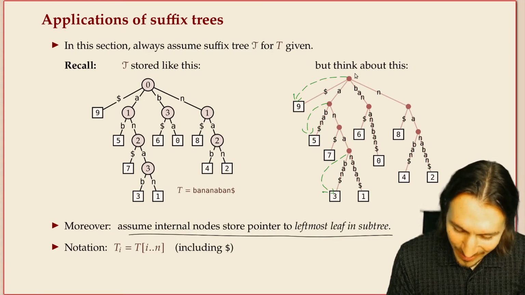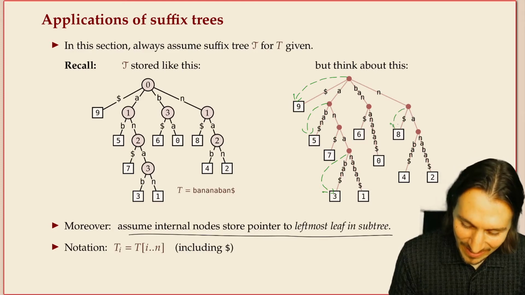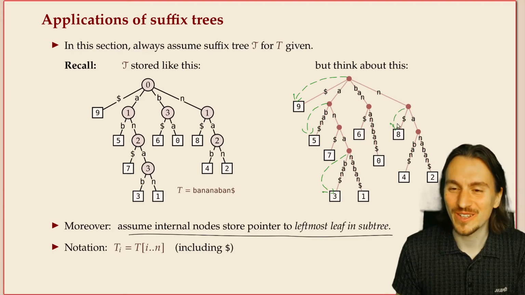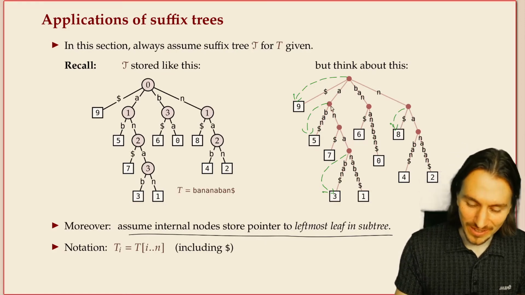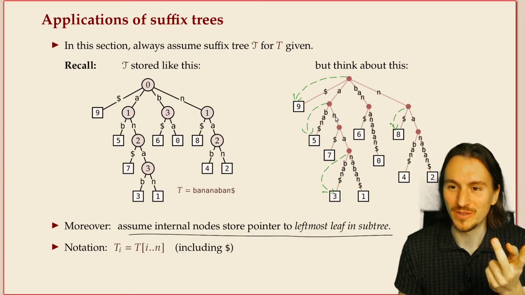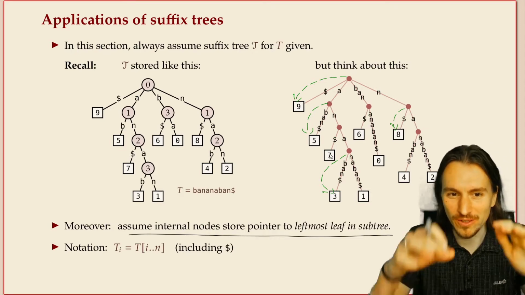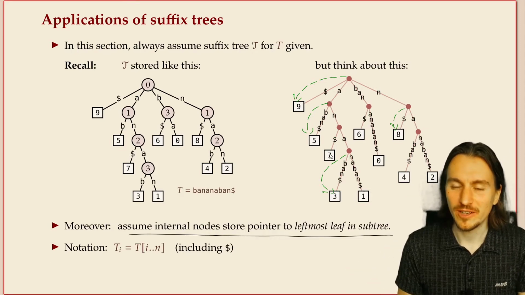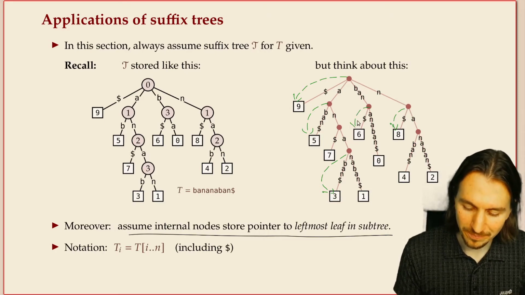Here in this example, it looks like it's always just a child of that node, but that is not true in general. If you suppose that these two branches were swapped the other way around, then you would jump down to the 7, which is not a child but a grandchild, and in general it could be arbitrarily deep in the tree.